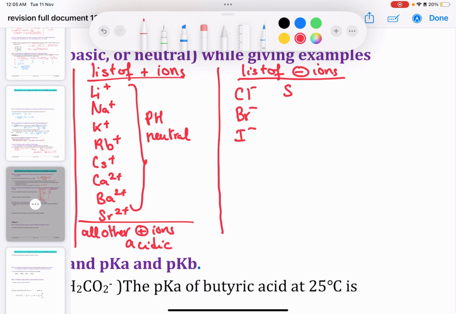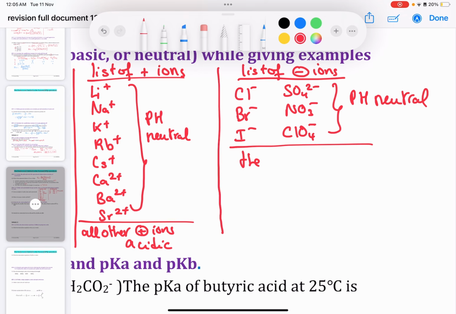I also have SO4 2 minus, nitrate, and perchlorate. These ions, whenever you see them in the formula of the salt, you'll say that they are pH neutral, and all the rest of negative ions are basic.